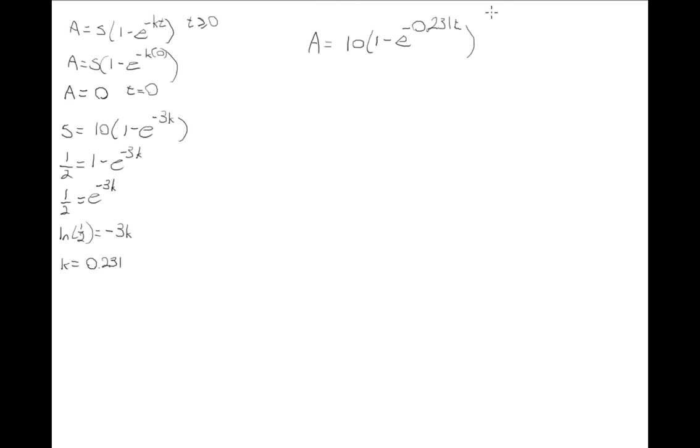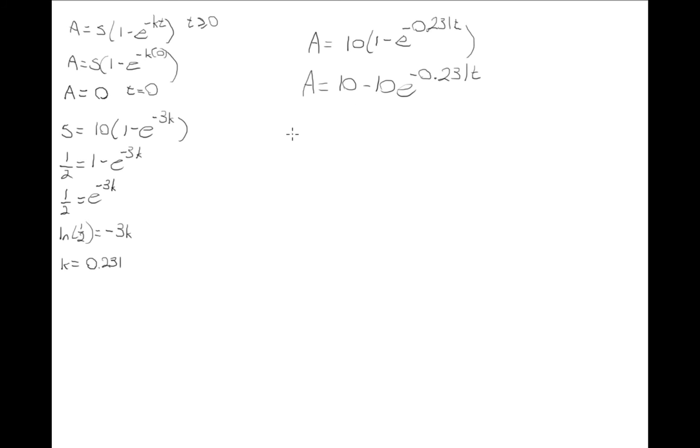So first of all, we need to work out what our derivative is. Now the easiest way to do that is to first off multiply everything inside this bracket by 10. So we're going to have A being equal to 10 minus 10e to the power of minus 0.231t.